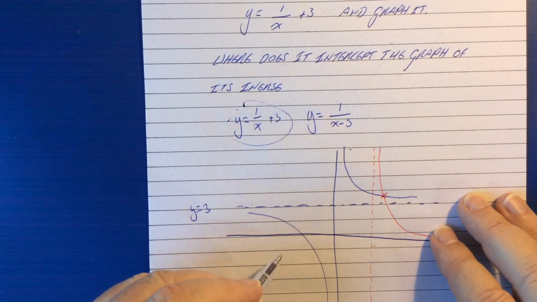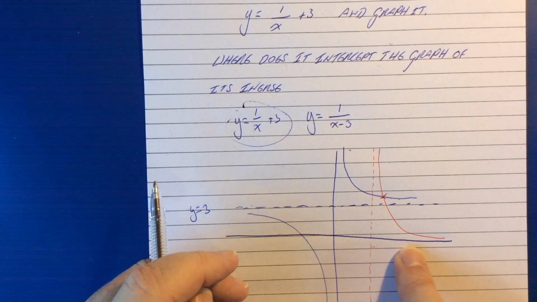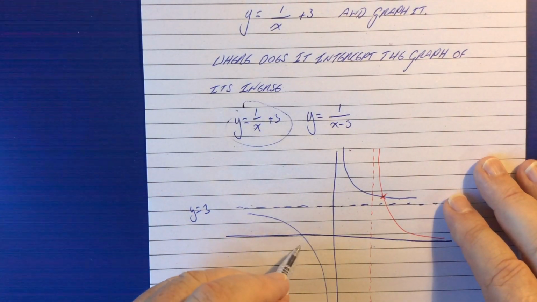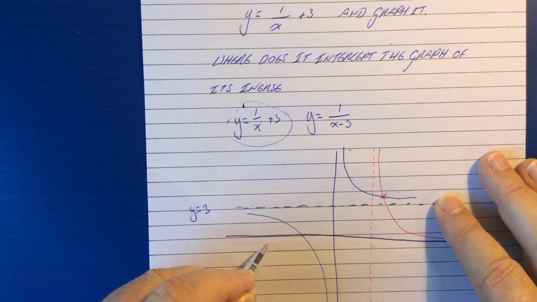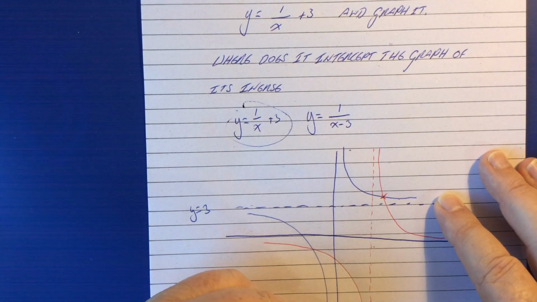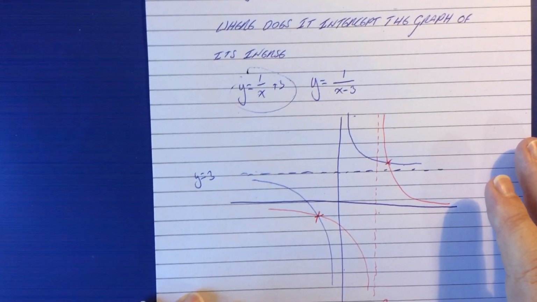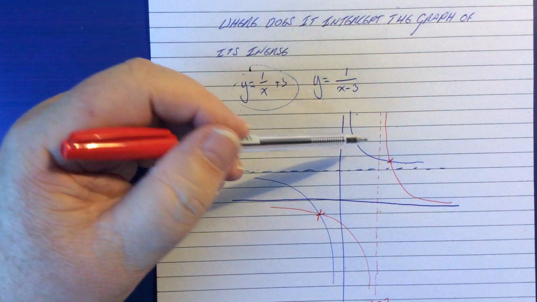The other point of intersection: this is an asymptote for the red graph. It's going to go through there like that, and we've got another point of intersection there. So I hope that's all plain.